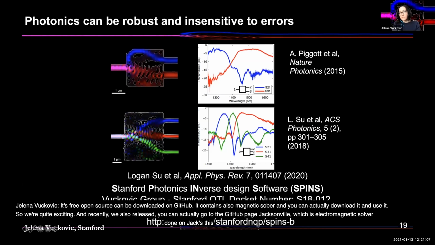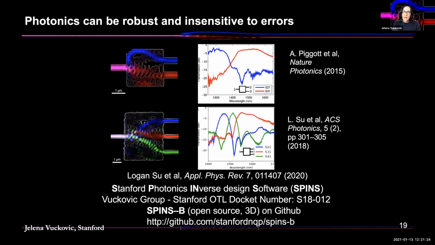It's free, open source, and can be downloaded on GitHub. It also contains an electromagnetic solver, and you can actually download it and use it. And recently we also released, on the GitHub page, Jaxwell, an electromagnetic solver done on JAX, this programming platform for AI. So you can download all of that and use it for free.